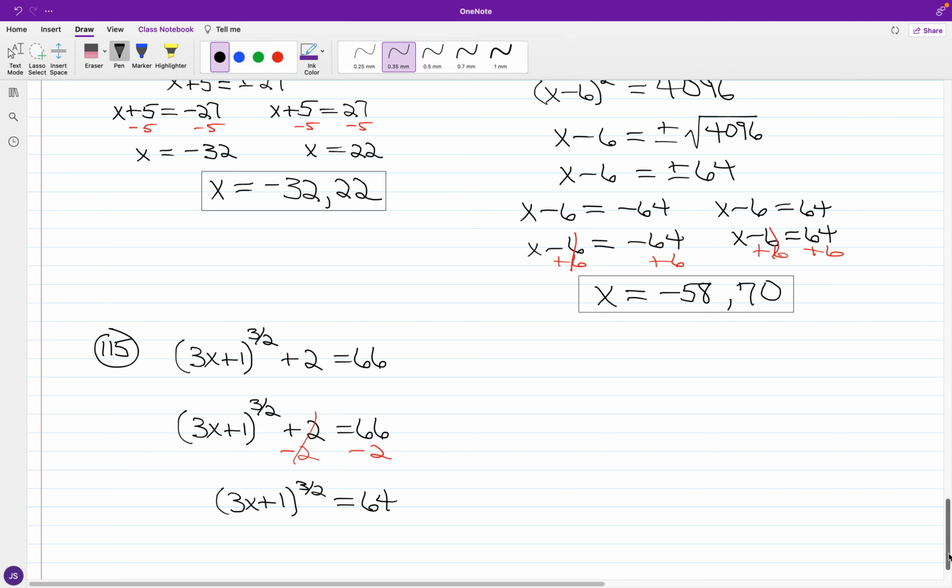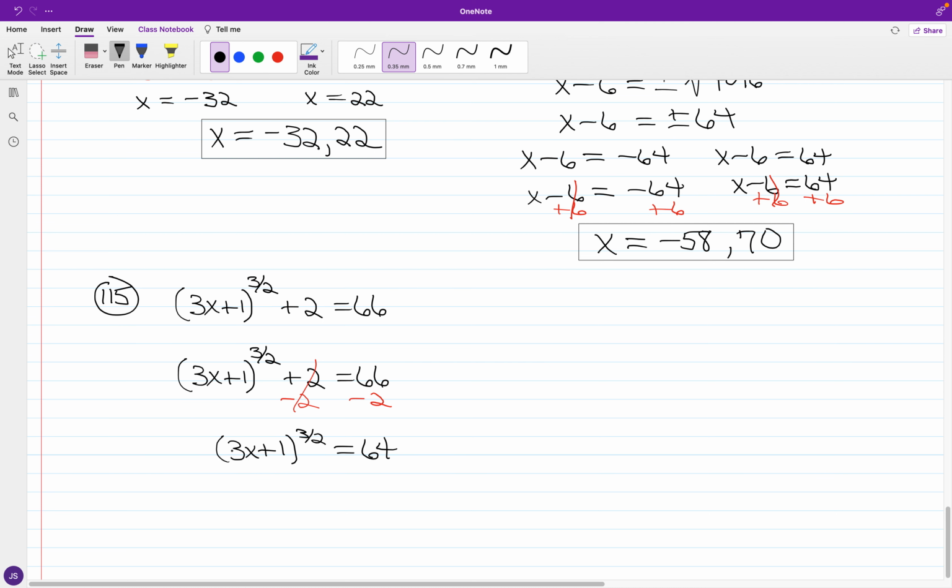And now I can rewrite what I have as a radical. Again the denominator value is 2, so that's going to be a second root, which will be a square root, and I have 3x plus 1 raised to the 3rd is equal to 64.